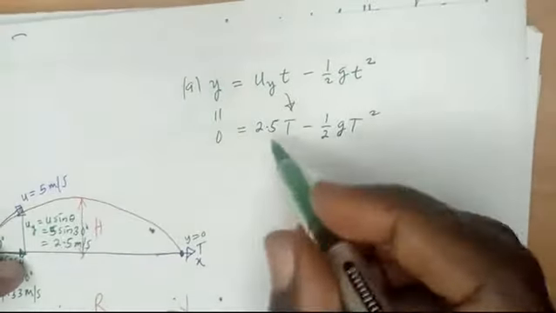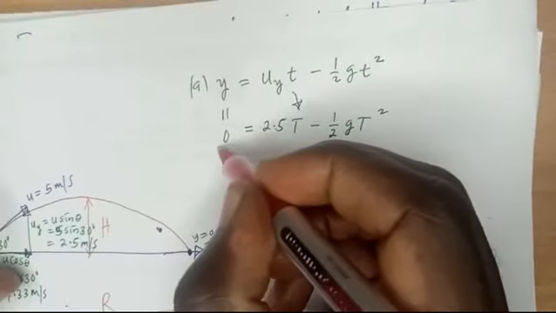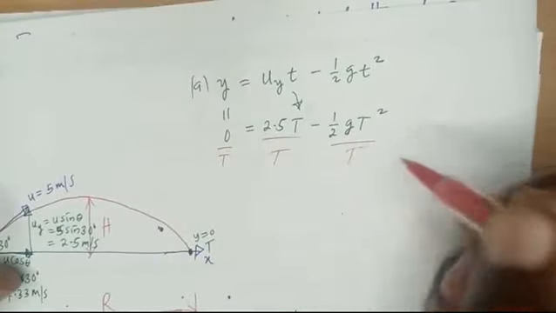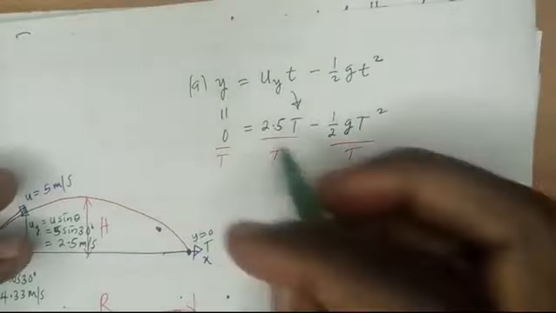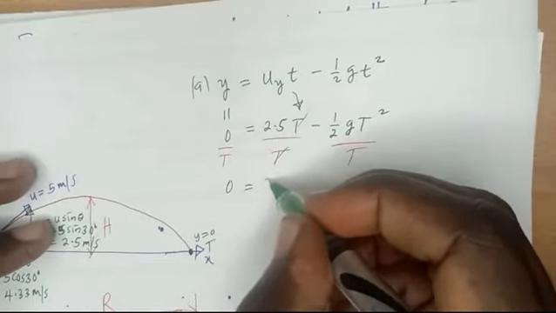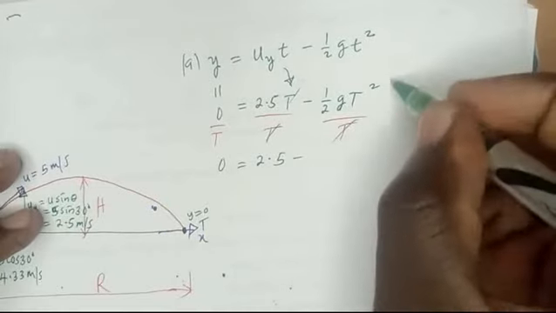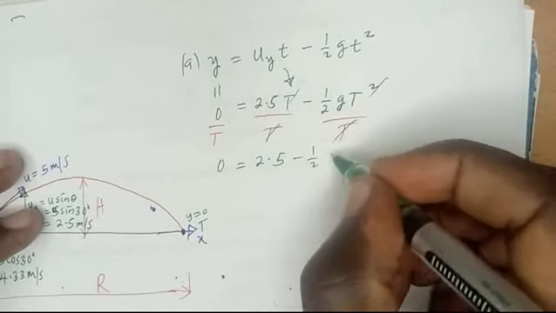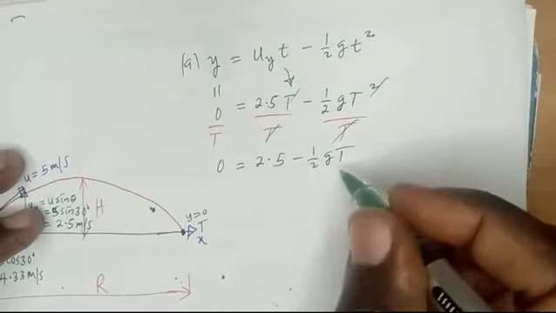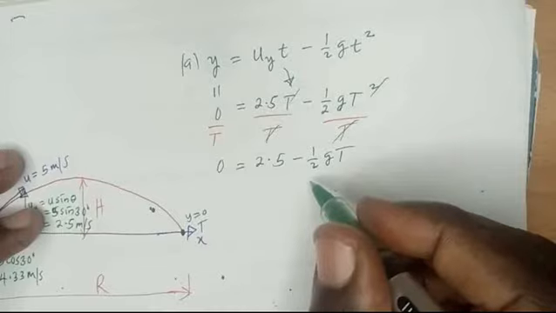So from here I can divide each term by T, to cancel one of the T's. So 0 divided by T is 0, equal to 2.5, then minus 1 over 2 g capital T. Then I can multiply each term by 2.